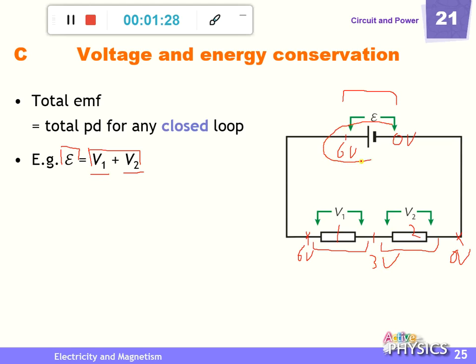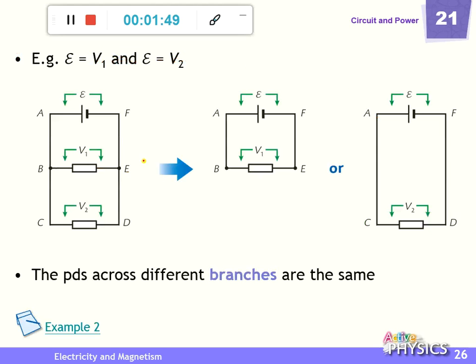Here, what's the EMF? EMF should be 6 volt. What is V1? V1 should be 3 volt. V2 is 3 volt. Then you can see that 6 volt is equal to 3 volt plus 3 volt. You just need to add them together. Then the total potential drop is equal to the total EMF.